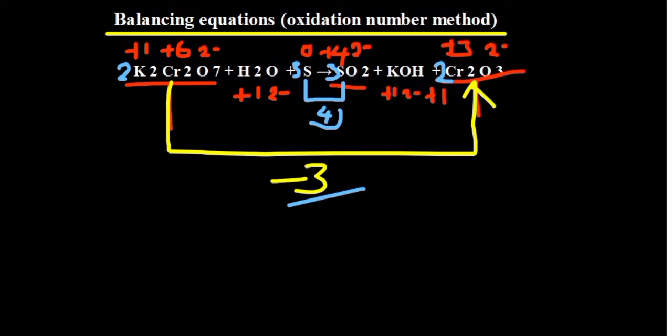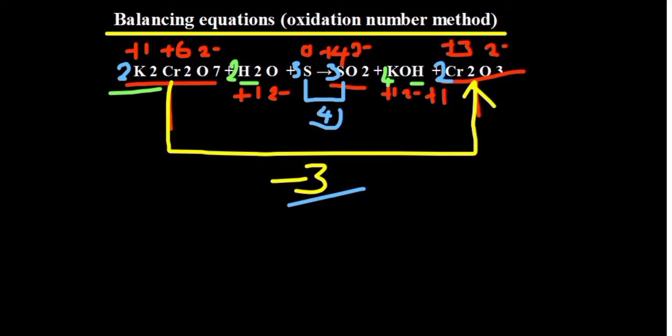Okay. So we can say we are done, but it's not balanced yet, because we also need to balance all the other atoms. So if you look at potassium, this is 4 already, so we have to put a 4 there to make it 4 the other side as well. Okay, so let's try to assess now. How many hydrogens do we have on the left? We've got 2. The other side we have 4 hydrogen atoms, so we can put a 2 there.